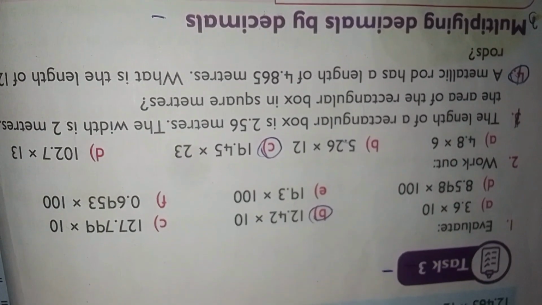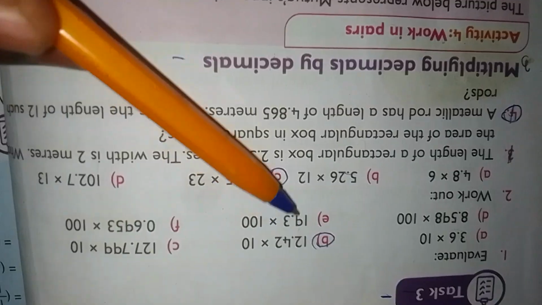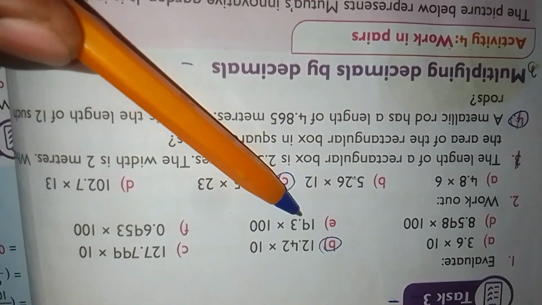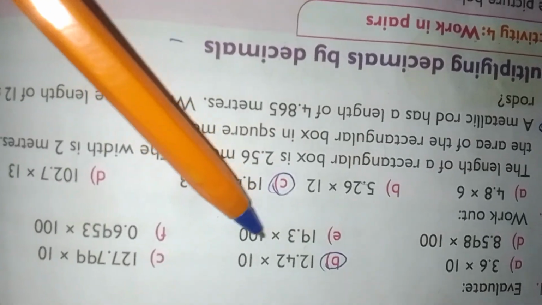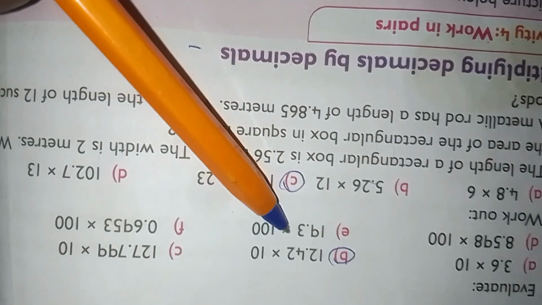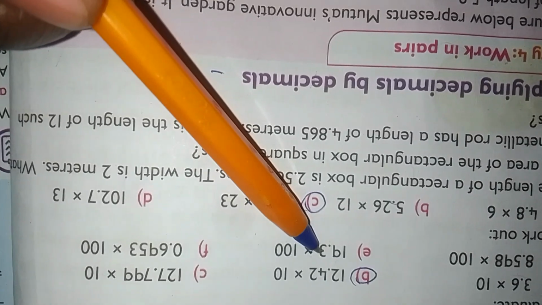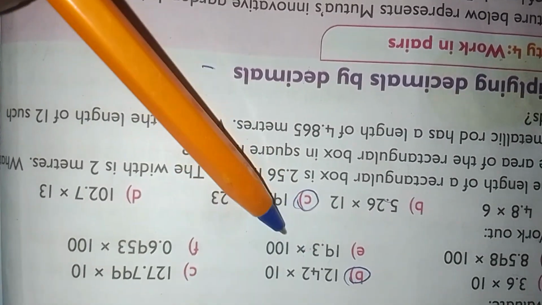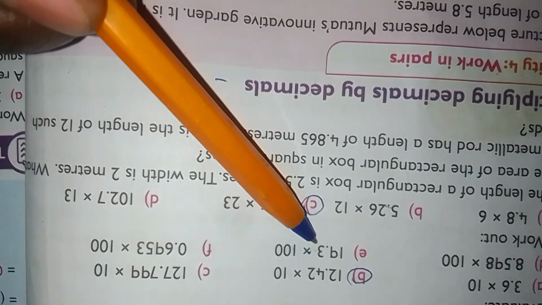Here is an example of questions that you can work on. For example, on question E, if you are asked to multiply 19.3 by 100, you just shift using the zeros. You shift the decimal point by removing it from here, that is 1 zero, and then for the other zero you add a 0 ahead of it, so it becomes 1930.